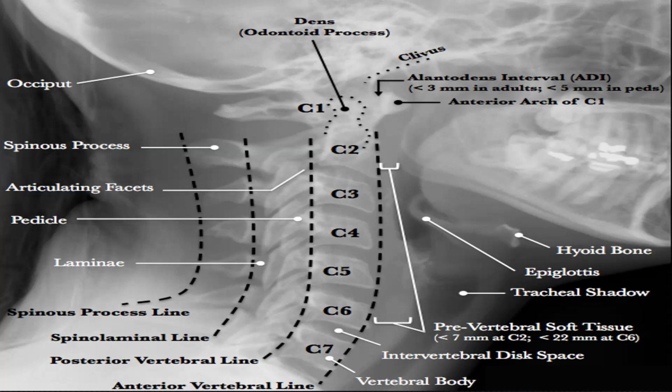Then we have the hangman fracture at C2. Over there we can find that there is a disruption between C1 and C2, in the posterior vertebral line, the spinolaminar line at C2. Okay, what else?